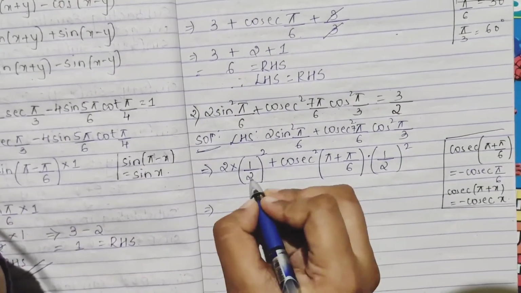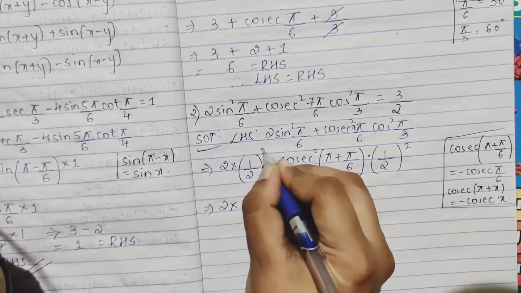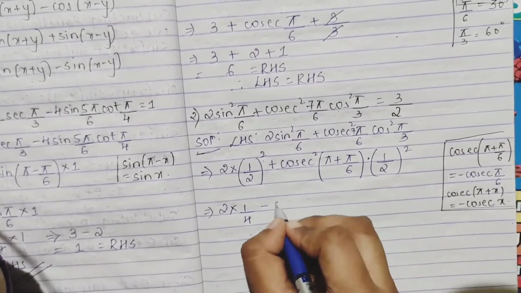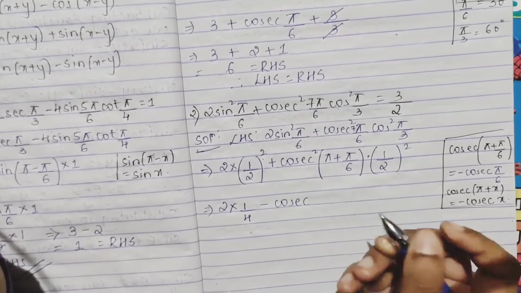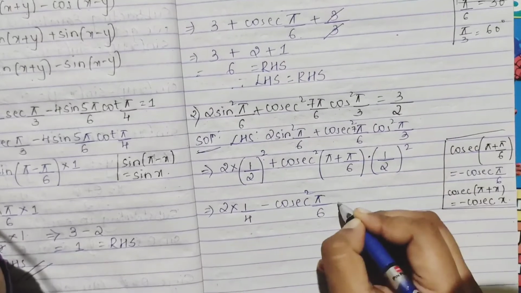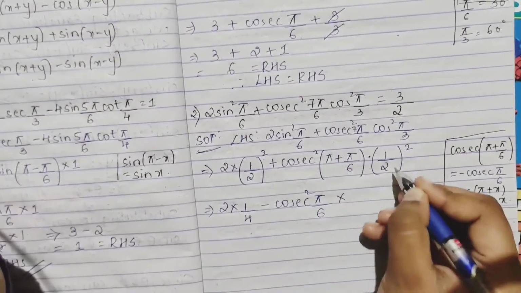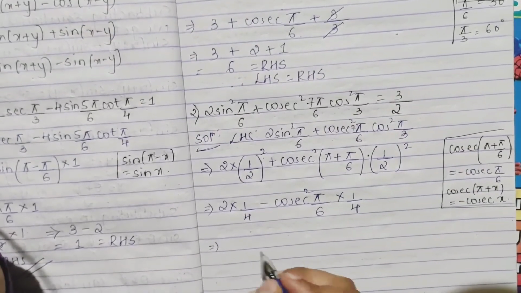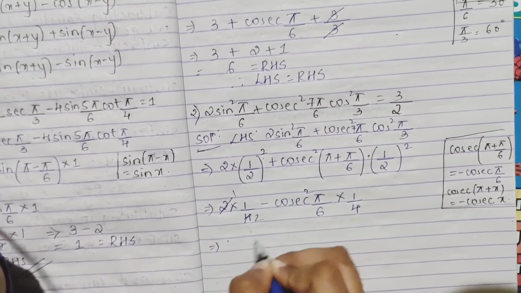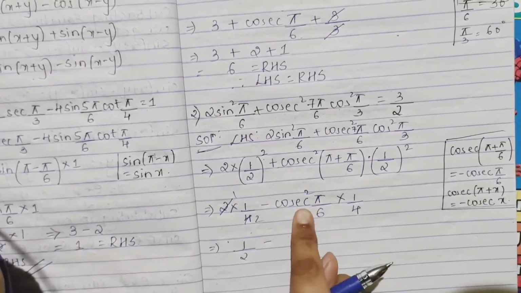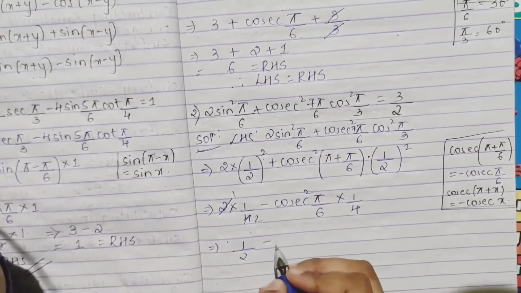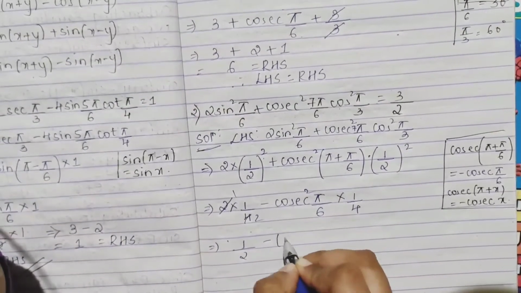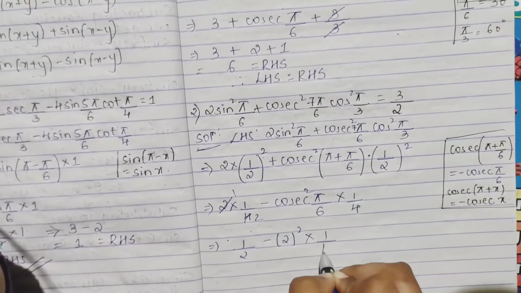So this 2 into, see, this 1 square is 1, 2 square is 4, here what you get, minus cosec square pi by 6 you get, and this is into 1 square is 1, 2 square is 4. So now substitute, 2 ones are, 2 twos are, here you get 1 by 2 minus cosec square pi by 6. Pi by 6 value is what? 2, right? So this becomes 2 square into 1 by 4.